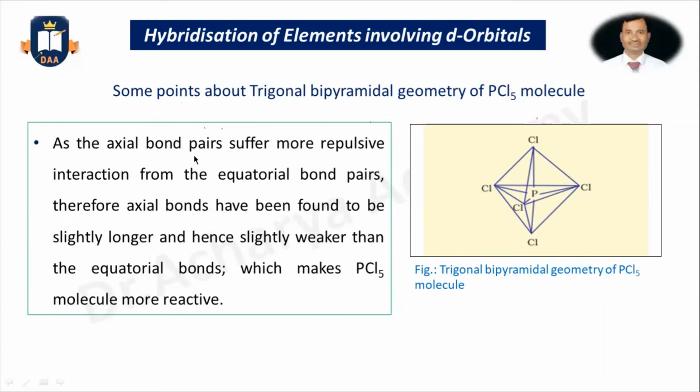The axial bond pairs suffer more repulsive interaction from the equatorial bond pairs. See, these are all near these axial bonds, so these axial bonds will be repelled by these equatorial bonds.